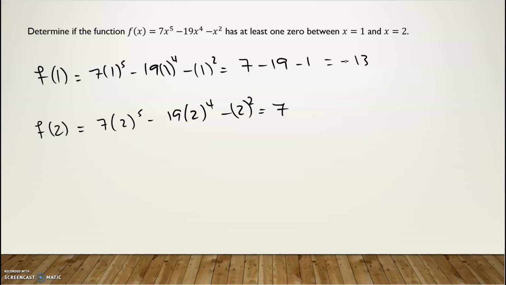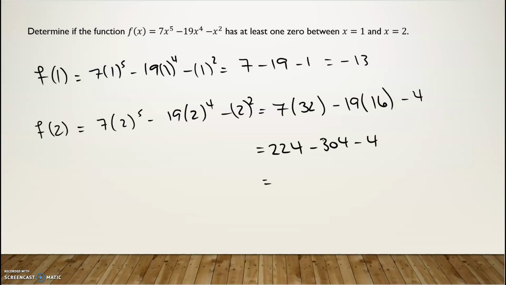So that'll be 7 times 2 raised to 5, which is 32, minus 19 times 2 raised to 4, which is 16, minus 2 times 2, which is 4. 7 times 32 is 224, minus 19 times 16, which is 304, minus 4. So that's going to be negative 84.